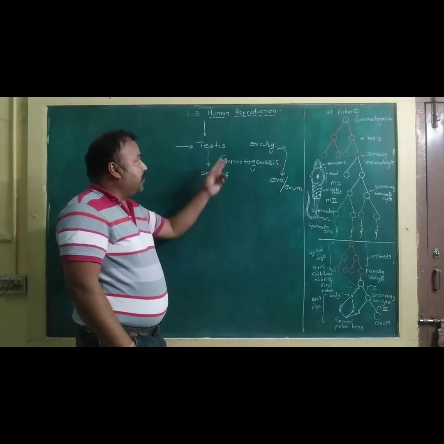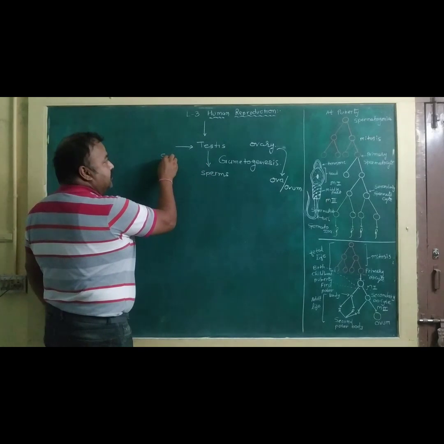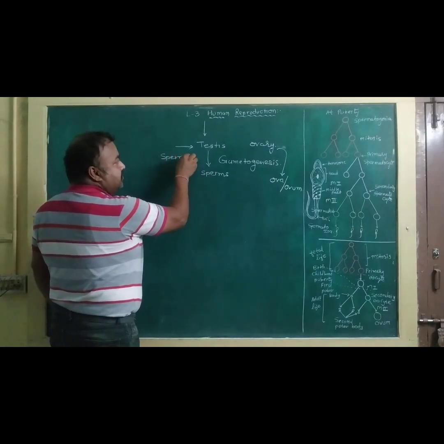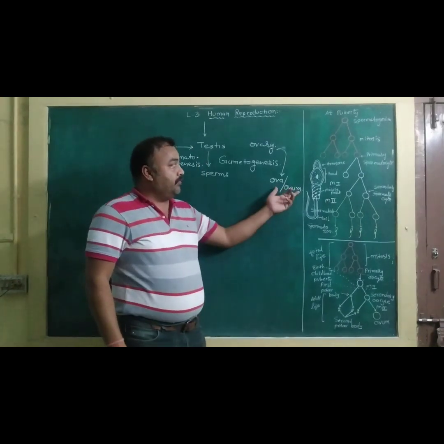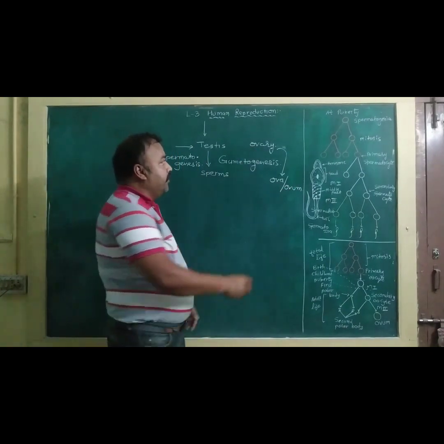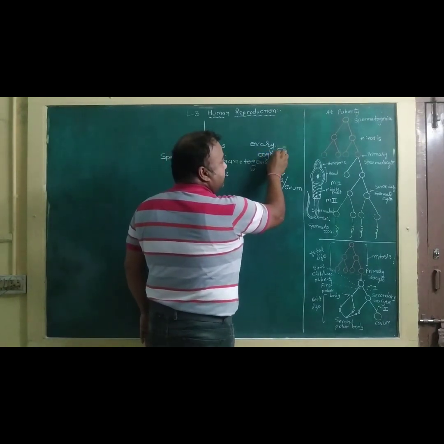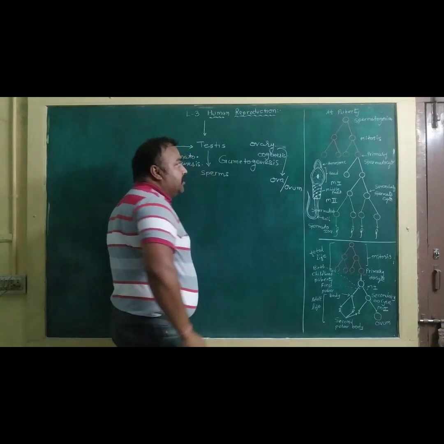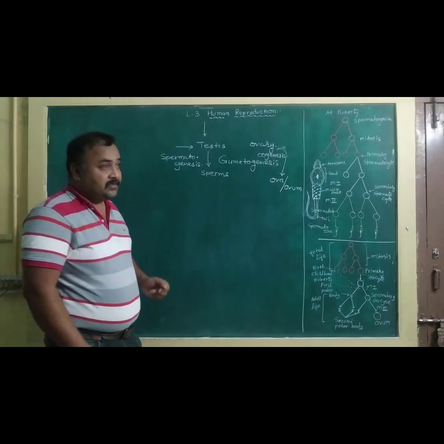The process of formation of sperms from testes is known as spermatogenesis, as well as the production of ovum from the ovary is known as oogenesis. Now we will talk about the process of spermatogenesis.